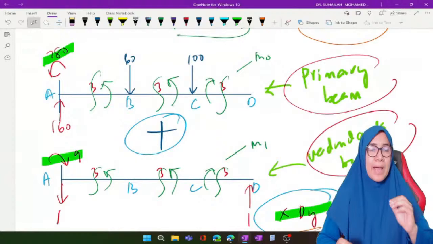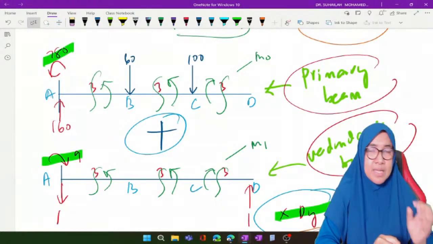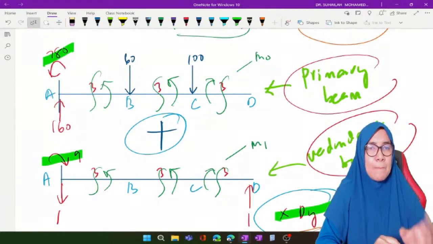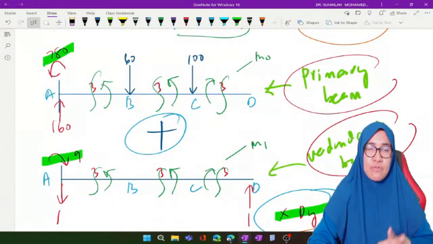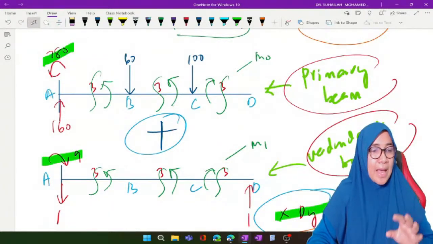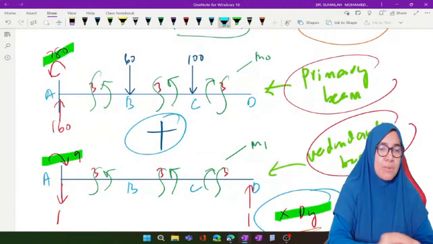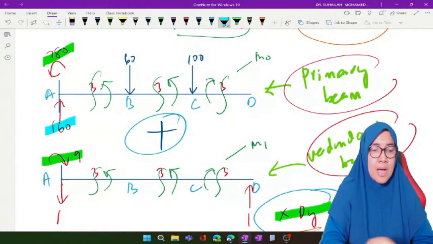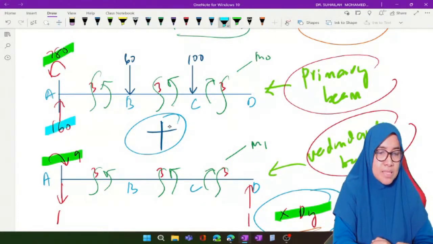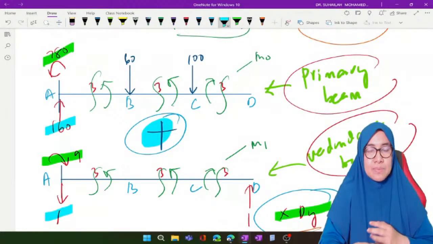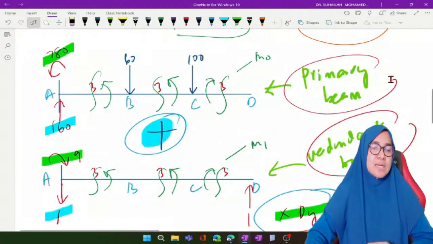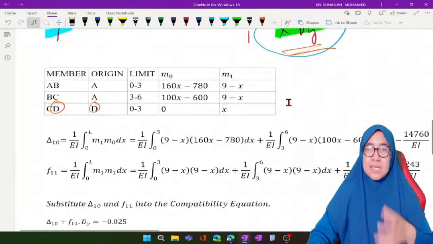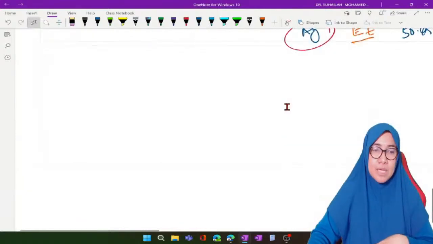So MA is negative 780 plus 9 times 50.45, and for AY, it is 160 plus negative 1 times 50.45. That is the easiest way, easier than using equilibrium equation.